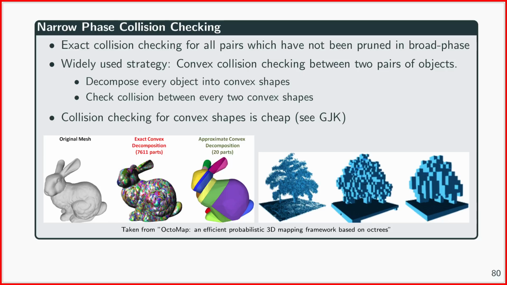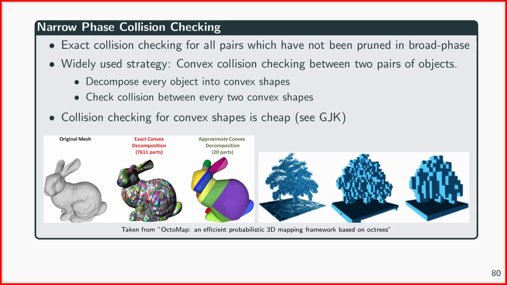For example, if you have a complex shape like this rabbit down here, then by doing convex decomposition, you can often convert a very, very detailed mesh into a much simpler geometric form, which almost resembles the original mesh. Usually you can do that for almost any shape, and that is why convex collision checking is the thing which you have to do in the end. The same is true if you have a voxel-based representation, because all the voxels are also convex.